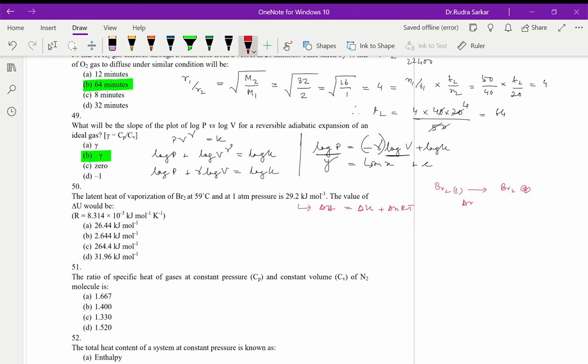The change in the number of moles is 1, because for the liquid we take it to be 0. So then we will have delta U equal to 29.2 kilojoule. Let's keep it in kilojoule only, and this is minus RT.